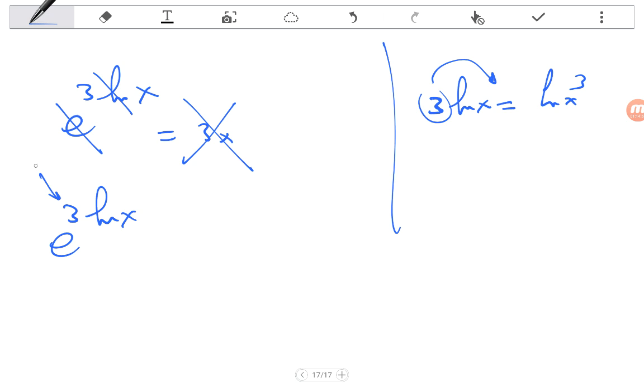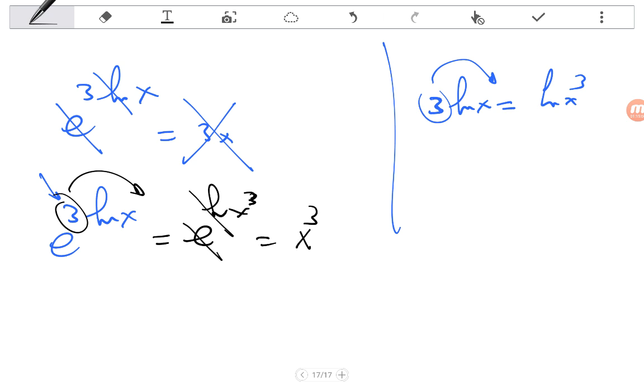Multiply, by the rule that I've said. That would be e power ln x power 3. Now it is ready to be cancelled. So that will be e power ln x power 3, and the result will be x power 3, not 3x. That is for the e.